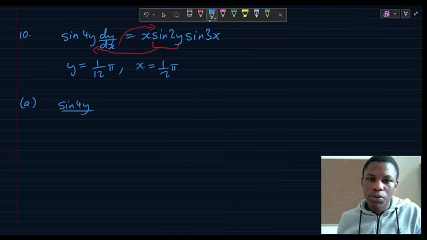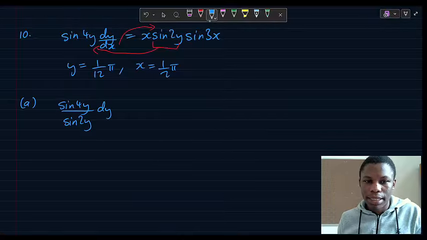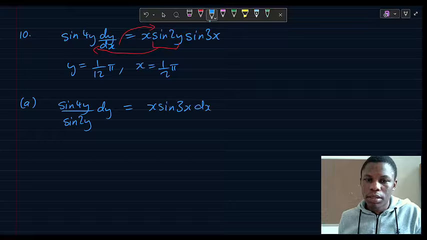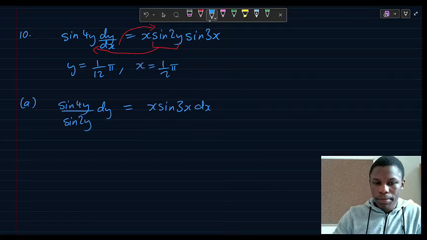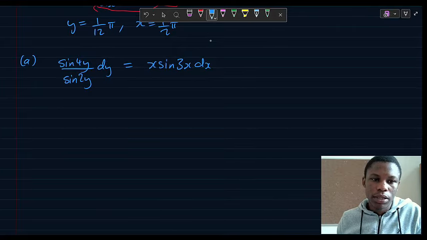Because that sin 2y is multiplying on the right, when it moves to the left, it divides. And our dy stays on the left. We've got x sin 3x and my dx comes to the right. Okay. And now that we've separated everything, we need to integrate both sides.